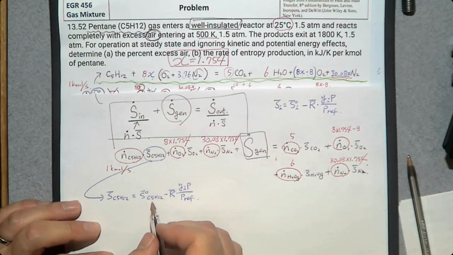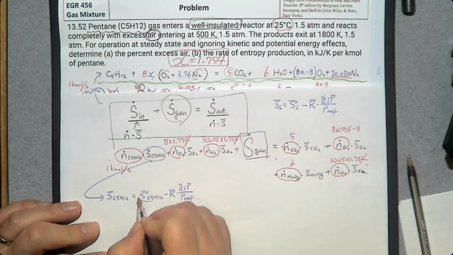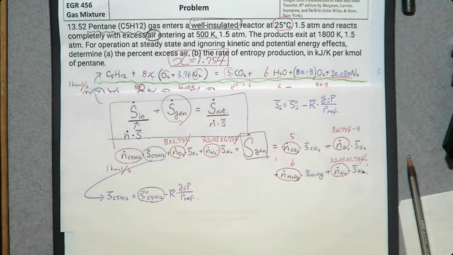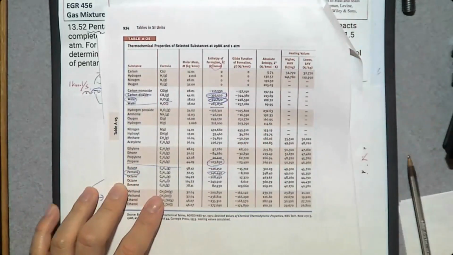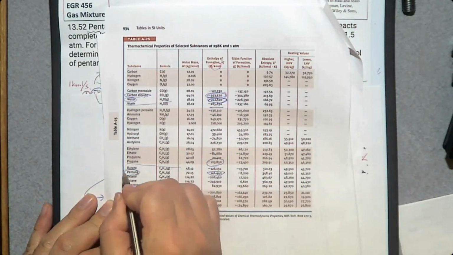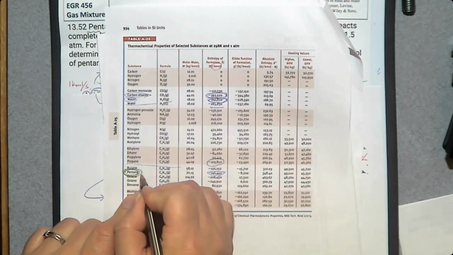Okay, how do we determine this one? Absolute entropy from table A-25. Here, table A-25, where is pentane? This one. What is the absolute entropy?